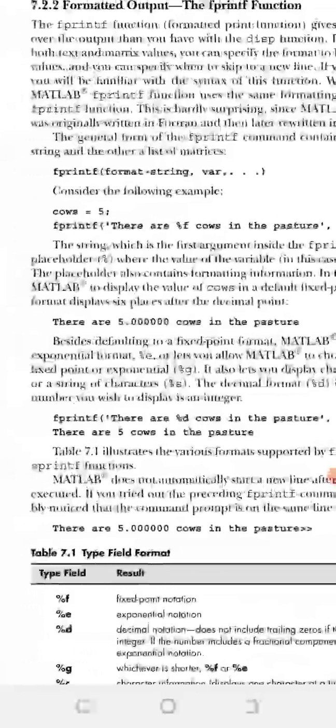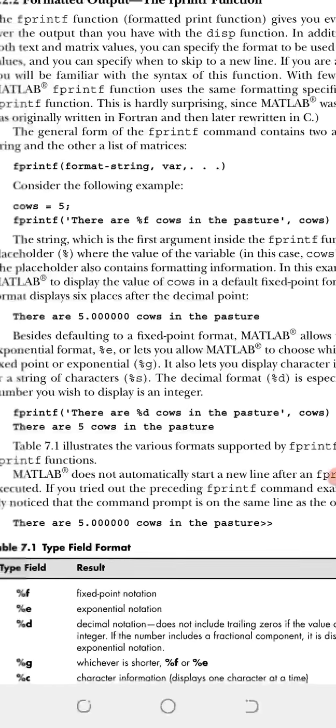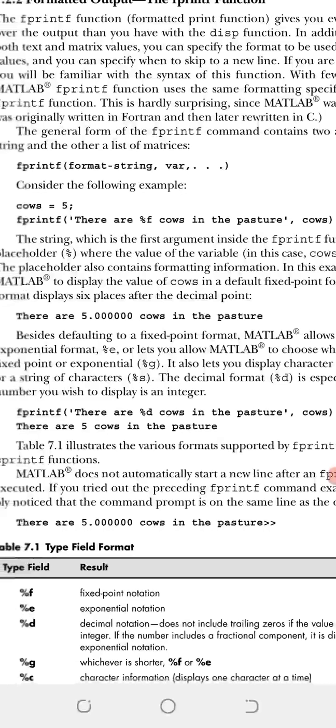Let's take a look at this. Cows is assigned to 5. Now I want to print this on screen. I'll say fprintf, there are percentage F cows in the pasture, comma, cows.